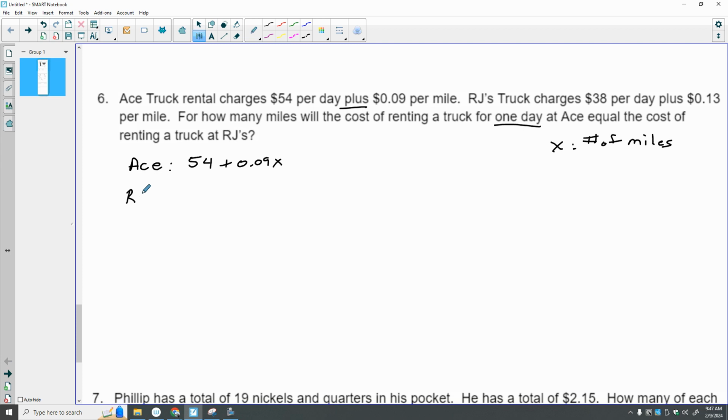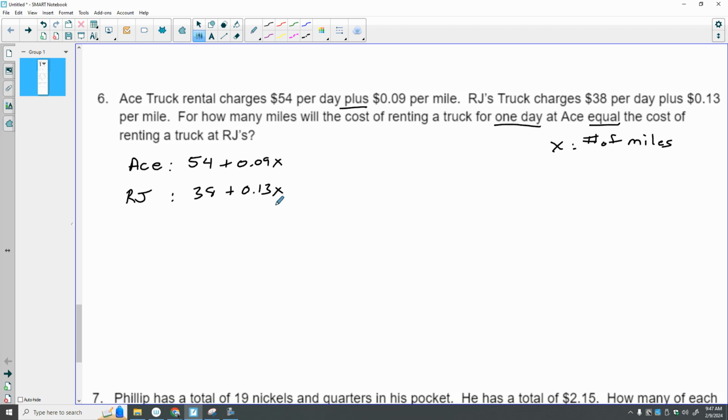RJ's. It's going to cost us $38 plus 13 cents per mile. Okay, so there's my two scenarios. This is what it costs you at Ace. This is what it costs us at RJ's. For how many miles will the cost of renting the truck for 1 day be equal?